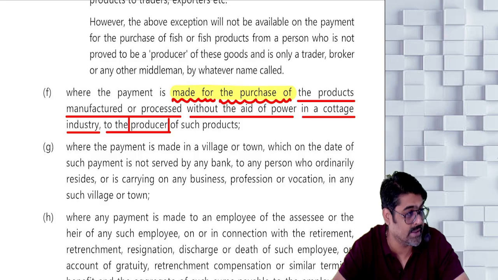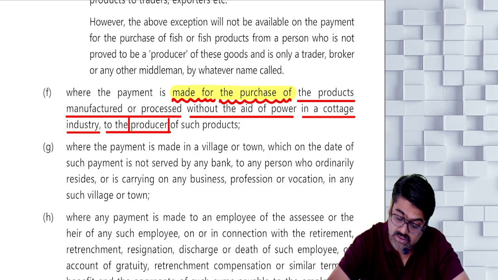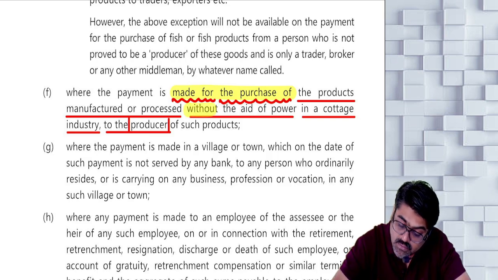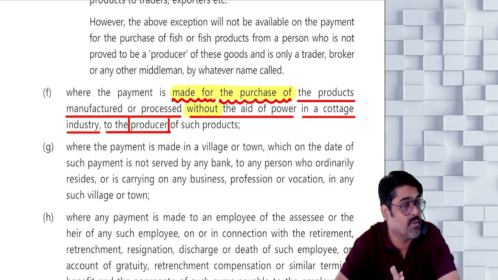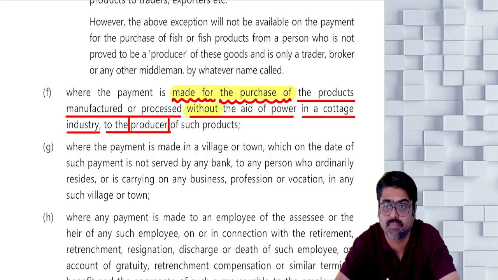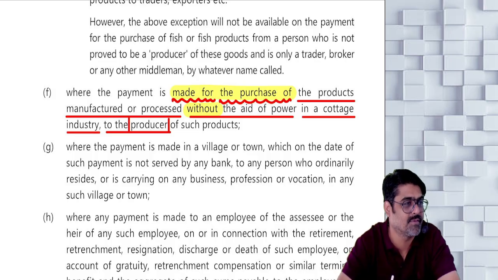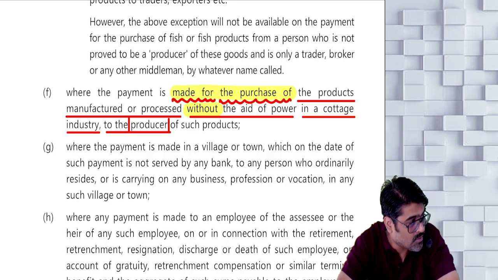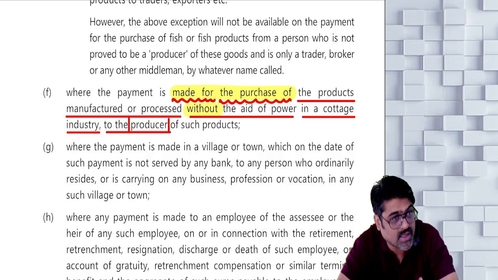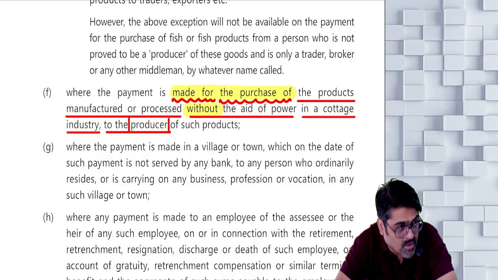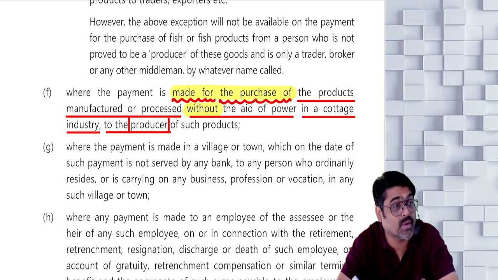Product of cottage industry, which is manufactured in a cottage industry. Which cottage industry? The cottage industry which is running without the aid of power. Aid of power meaning handmade items. Without the use of power, these products are manufactured in a cottage industry.